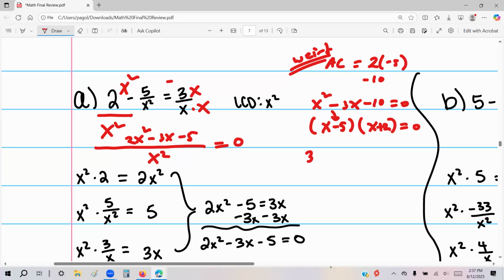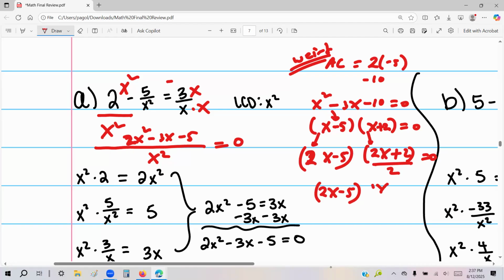So we put these two: 2x minus 5 and 2x plus 2 equals 0. So you put 2 on both of them, and then one of them will be divisible by 2. So you get 2x minus 5 and x plus 1.